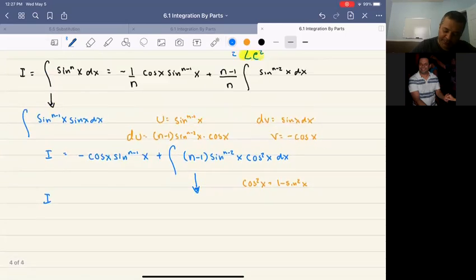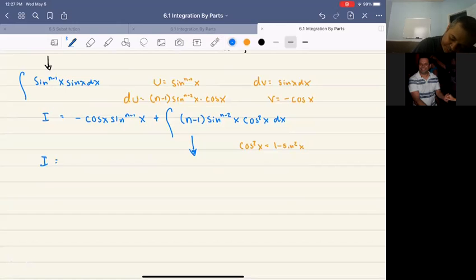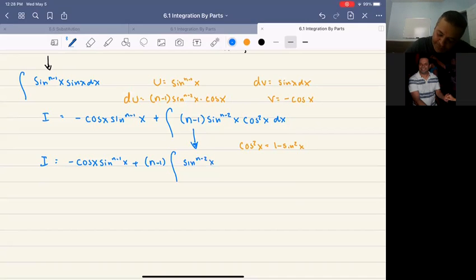I, which remember is this thing, equals, move this up a little bit, there we go, negative cosine x sine of x to the n minus 1 plus, let me pull that n minus 1 out, the integral of sine to the n minus 2 of x times 1 minus sine squared of x.